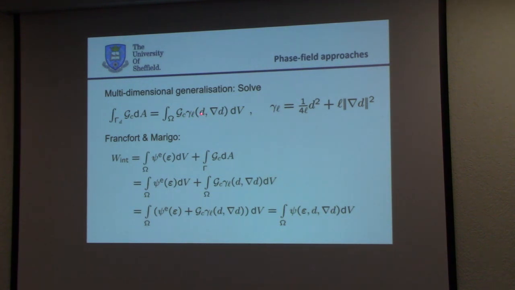I replace that by Gc times gamma_l as the energy that is dissipated per unit volume. And obviously this has something like this shape. So we now have two volume integrals. We can put them together, and this integral we have to minimize.